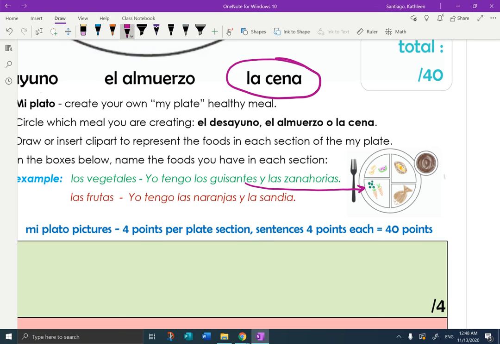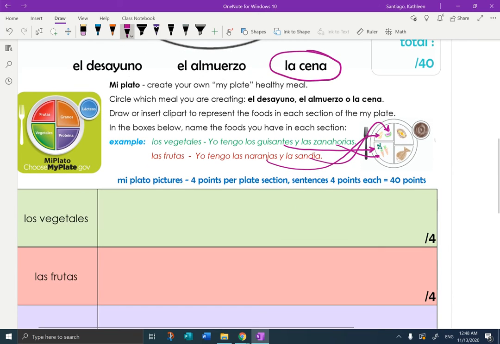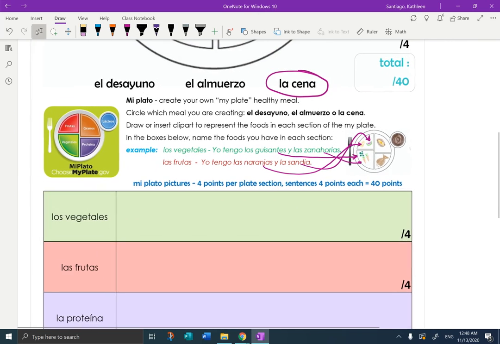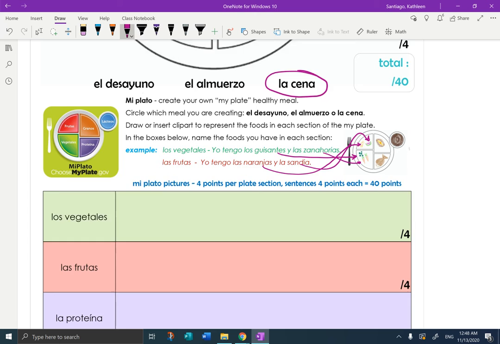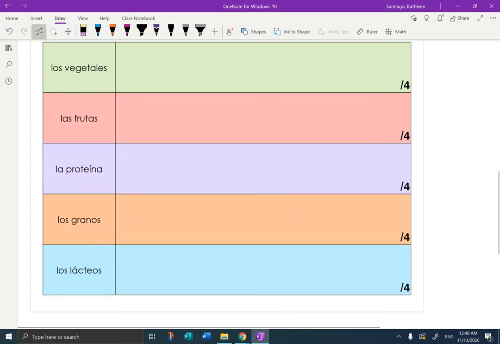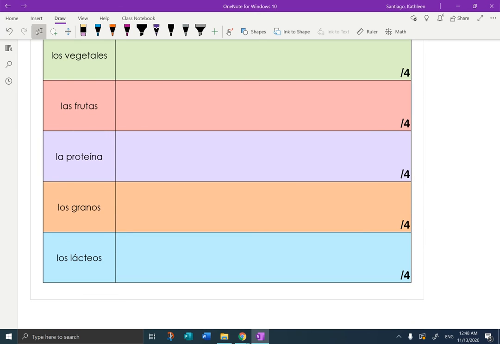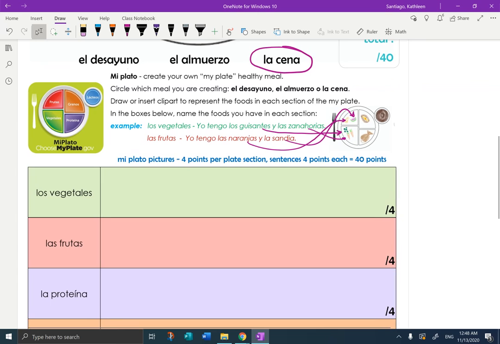Yo tengo los guisantes y las zanahorias. If I was talking about my fruit section, I would say, yo tengo las naranjas y la sandía, just so you can see what I'm talking about. Okay, pretty straightforward, 4 points for each section. So here you have los vegetales, las frutas, las proteínas, los granos y los lácteos, each 4 points as well.